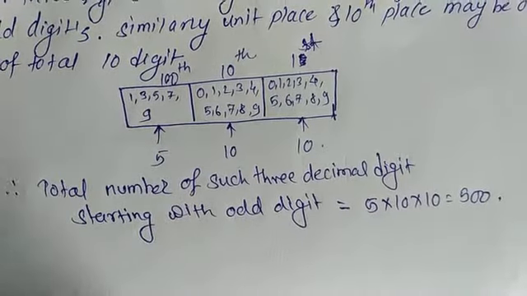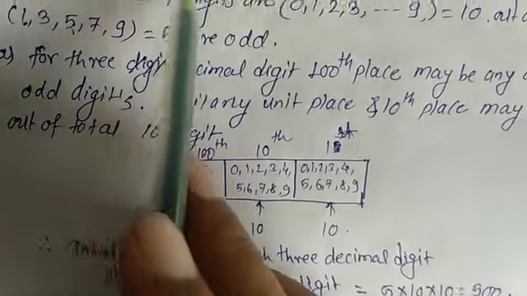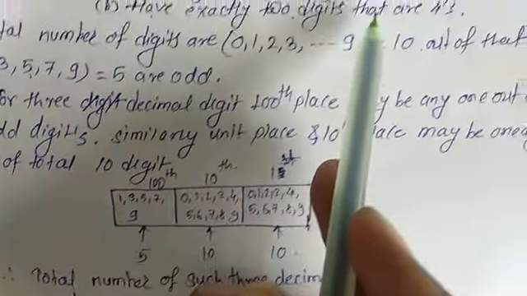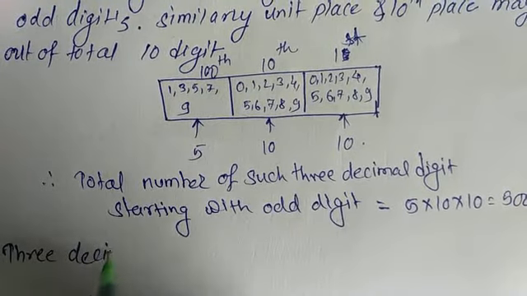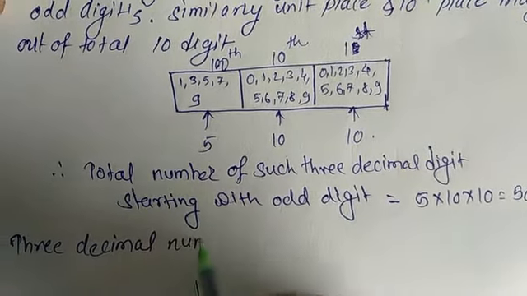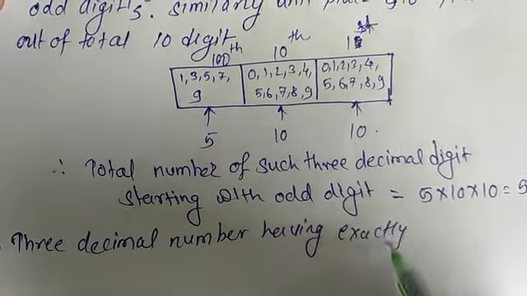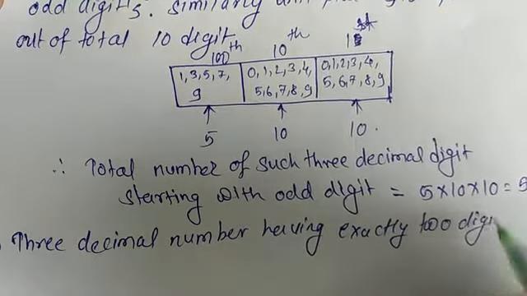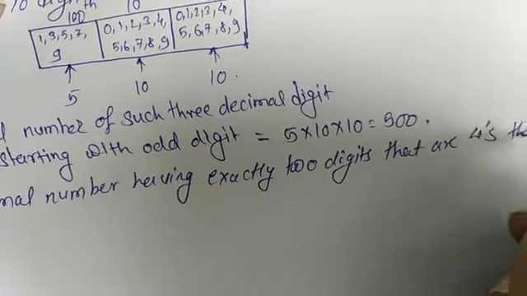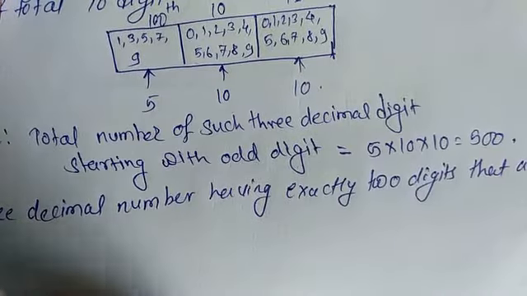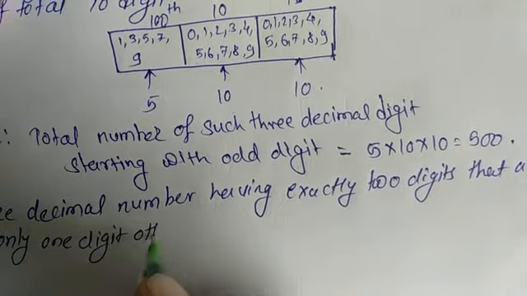For the second part, we have to find numbers with exactly 2 digits that are fours. So 3 decimal digit numbers having exactly 2 digits that are 4s, that is only one digit other than 4.